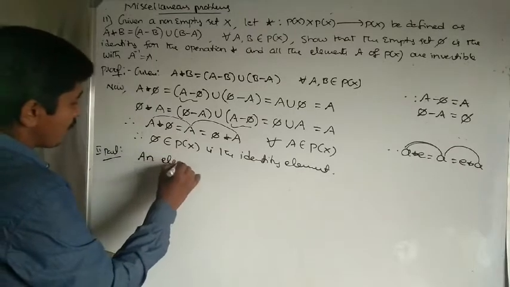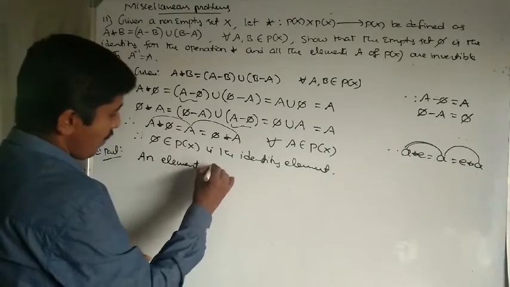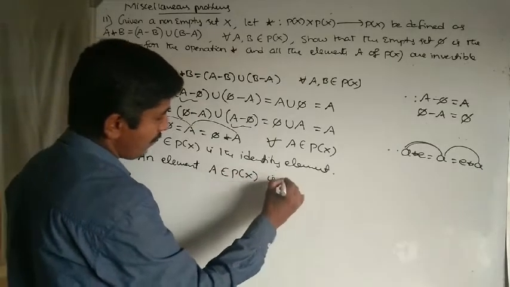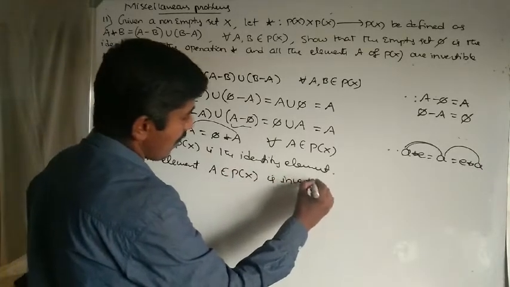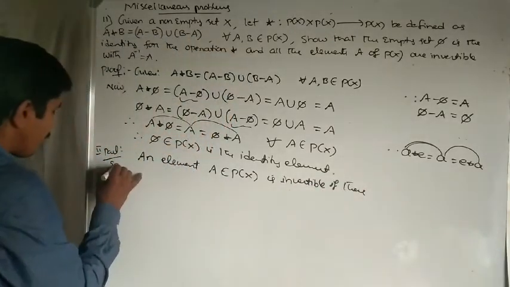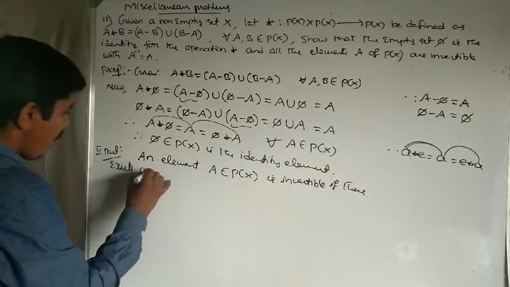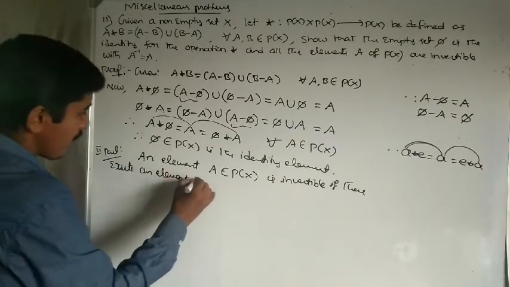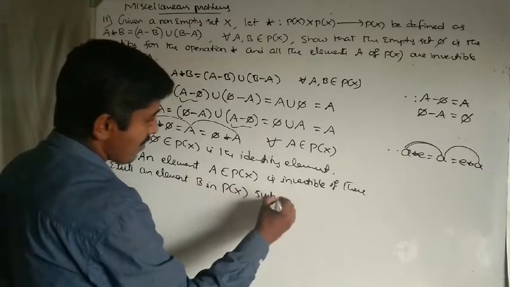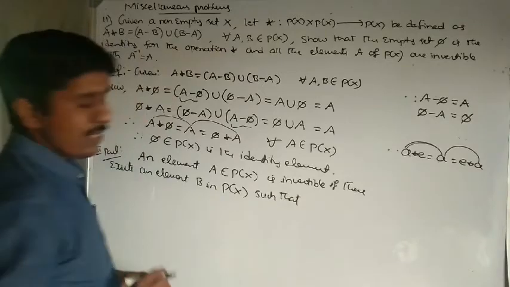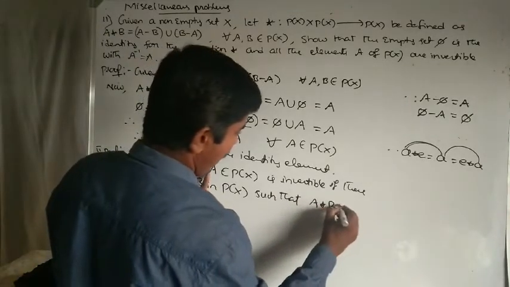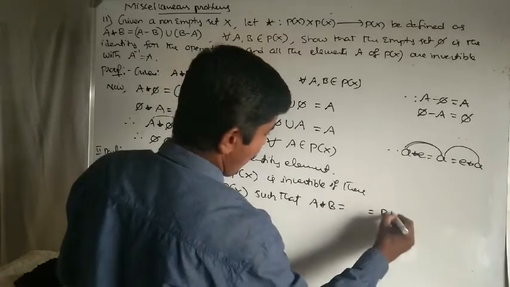An element, let me take A belongs to P of X, is invertible if there exists an element B in P of X such that A star B equal to identity element, B star A equal to identity element.